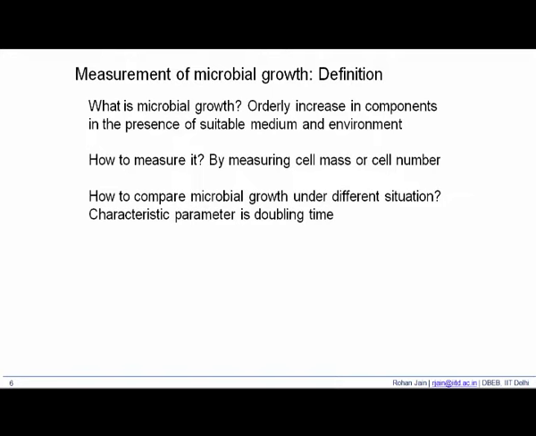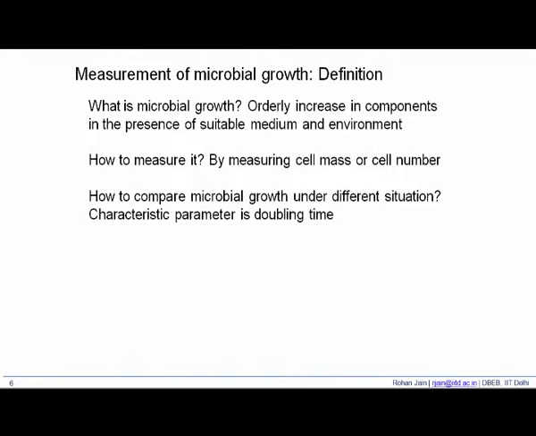Then there is another very important question: how to compare microbial growth under different situations. Okay. So, one important thing is, why do we even want to compare? The point is that two microorganisms grow at a different rate in different situations, or even in the same situation.